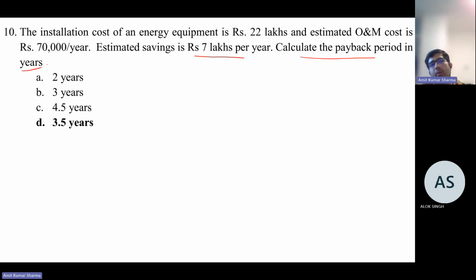You know your net saving per year and you know the installation cost. The payback period will be the years in which you recover the invested money, and the invested money is 22 lakhs. So you just have to divide it, and you will find the number of payback years.